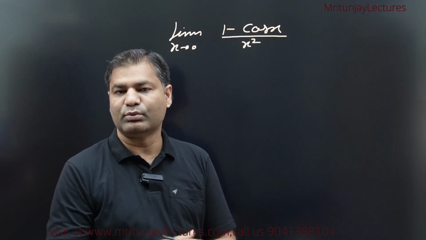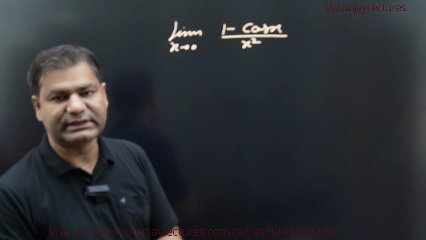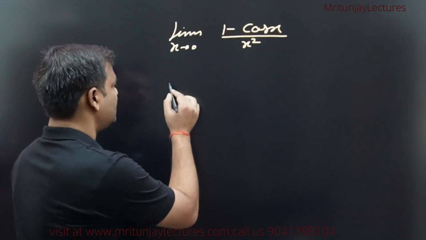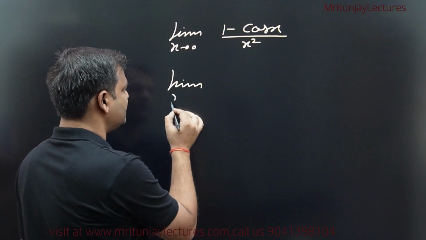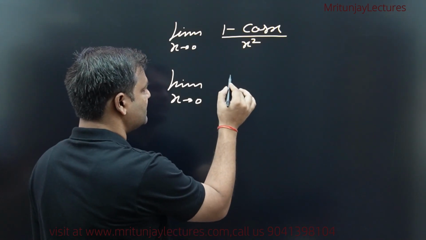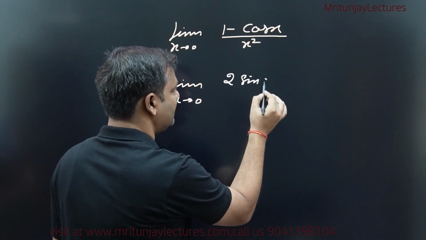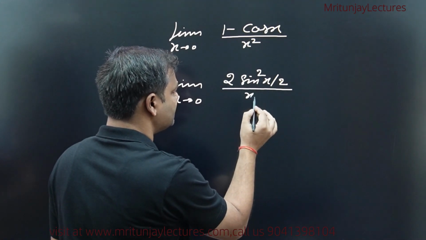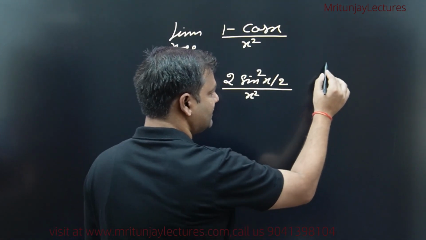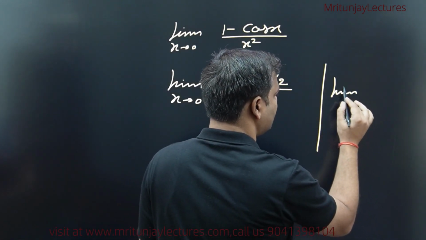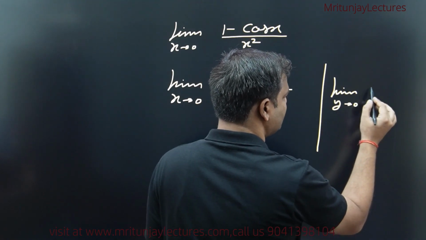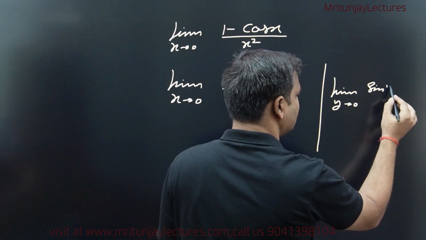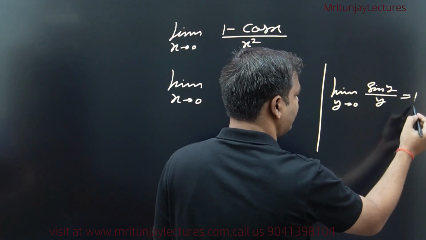Simply, I know that 1 minus cos x can be written as 2 sin square x by 2, divided by x square. But I know that if y tends to 0, sin y divided by y is 1.